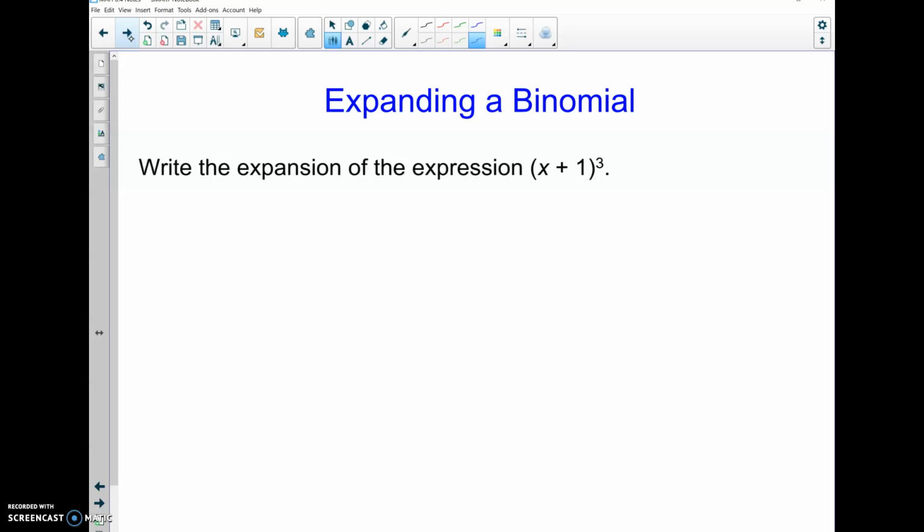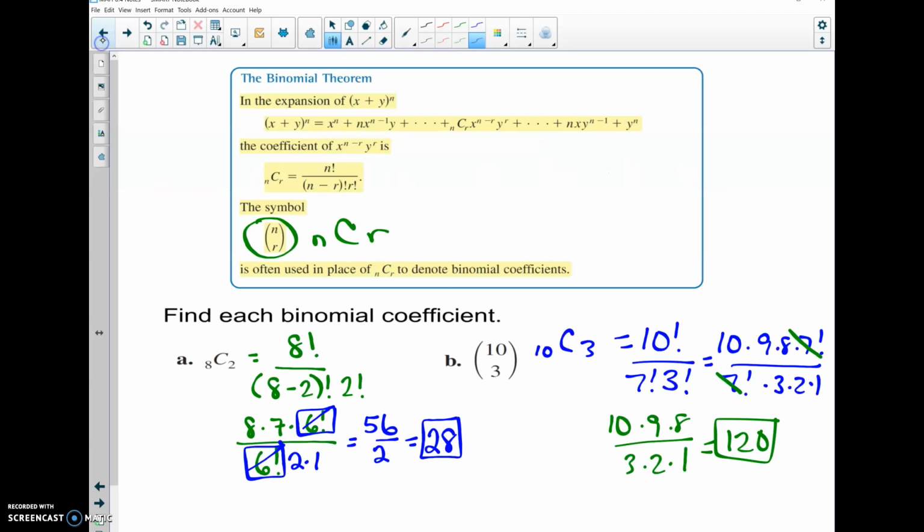Expanding a binomial. We are going to write the expansion of this expression. What we need is to focus on the coefficients of our binomial expansion, and all of them are in the form n choose r.